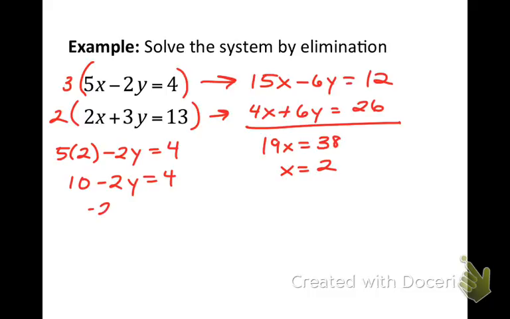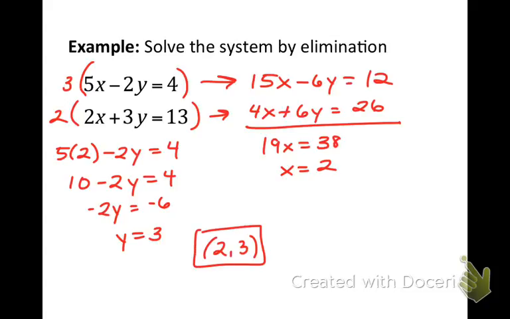Subtract 10 from both sides, 2y equals -6. Dividing gets us y equals 3. So 2 comma 3. Okay? So if your variables do not have the same coefficient, you're going to have to do some type of multiplying to make them end up having the same type of coefficient.